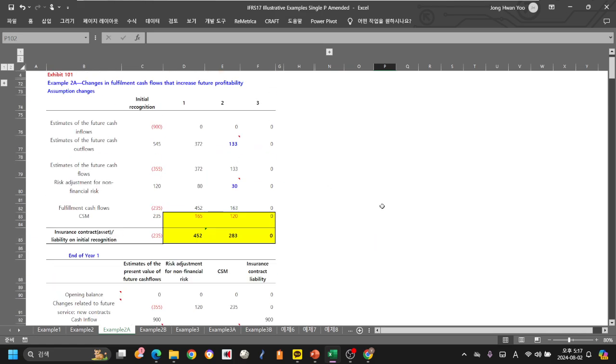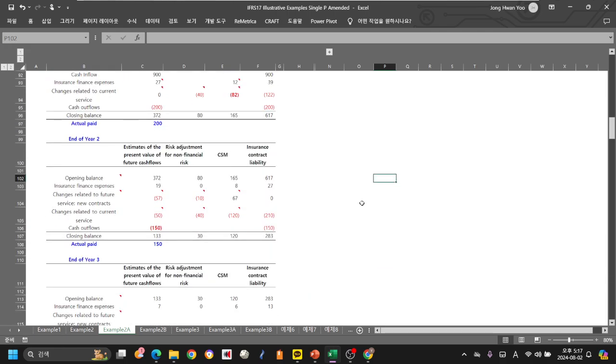So there is a fulfillment cash flow change that increases future profitability. All the others are the same, and future service means you change the future estimate, building blocks 1, 2, 3, differently, because you have less claim outgo.